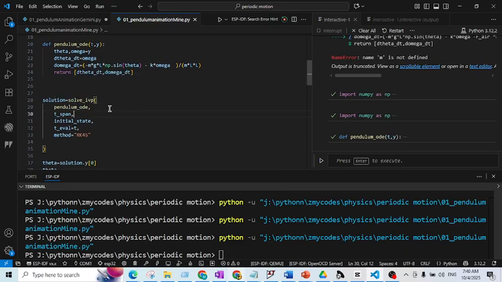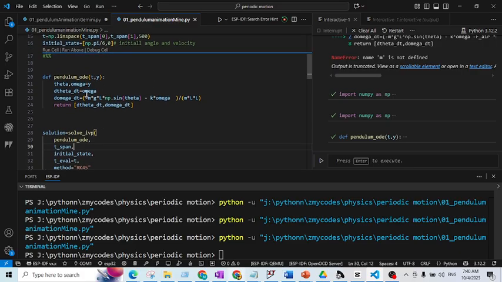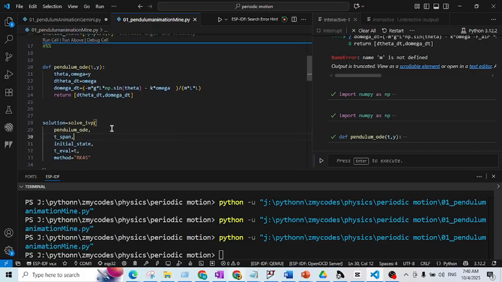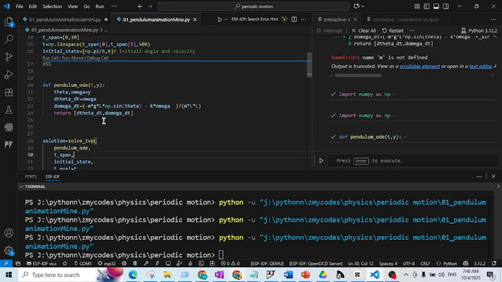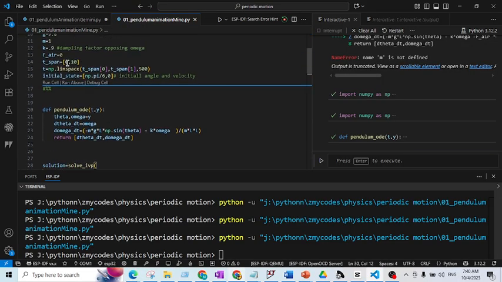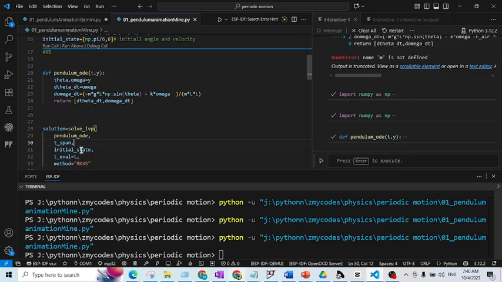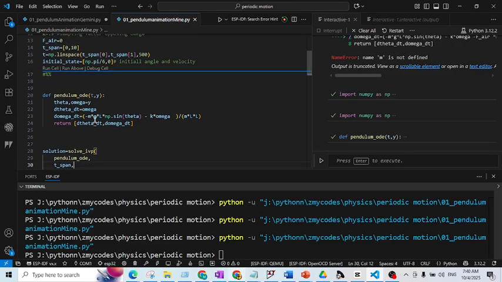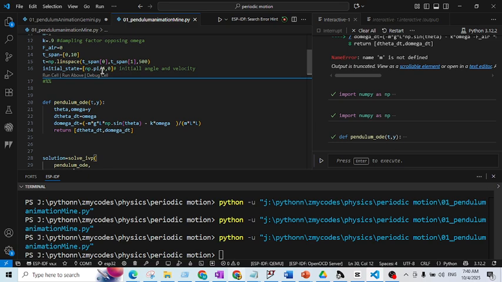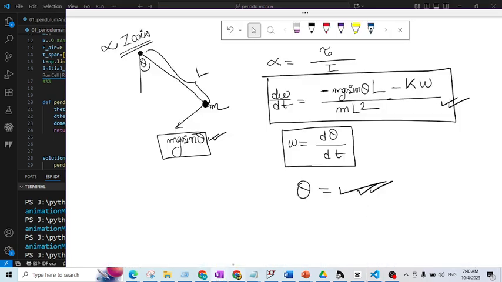This is a function that I have created here. Then t_span is the time period, let's say I want to simulate the animation from 0 to 10 seconds. And then initial state. Okay, so what is the initial state? Let me talk about the initial state. The initial state is initial theta and initial omega.